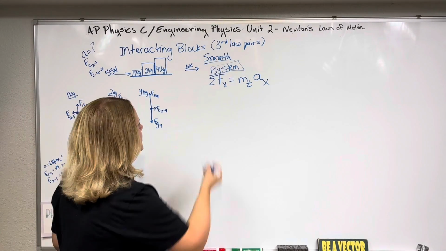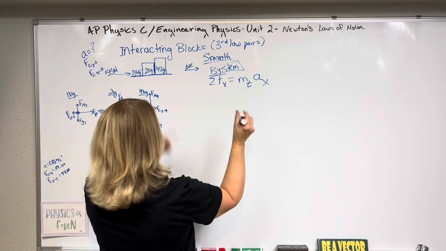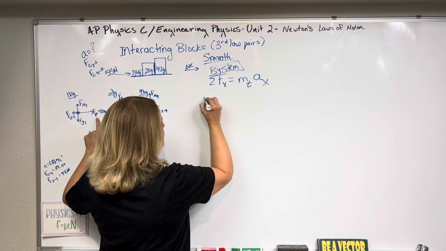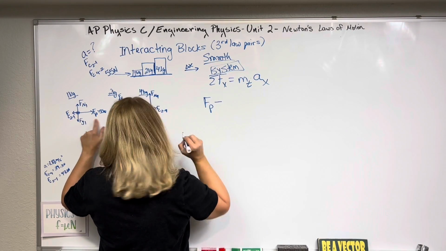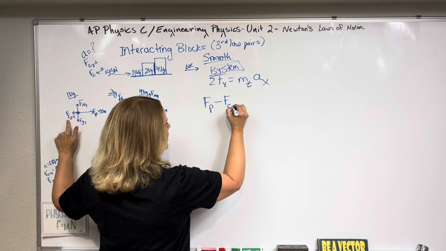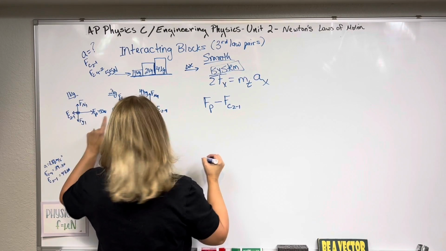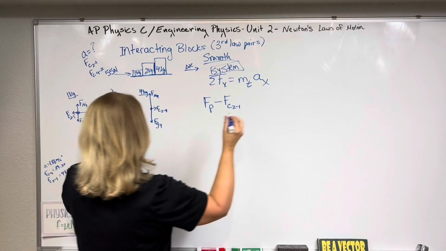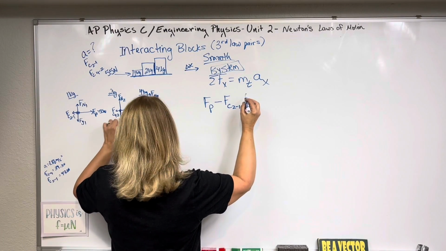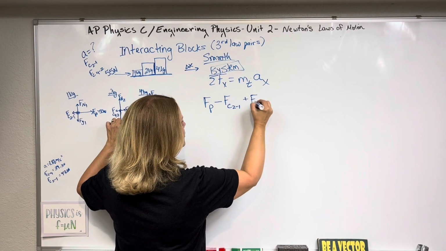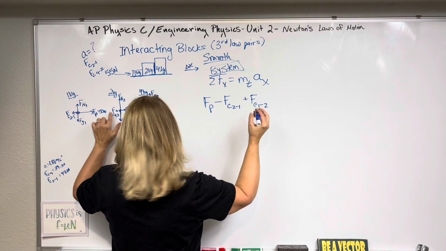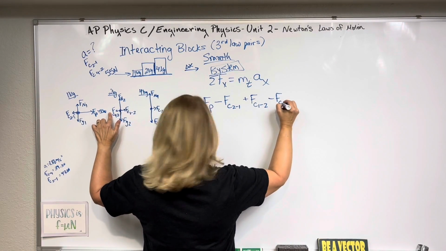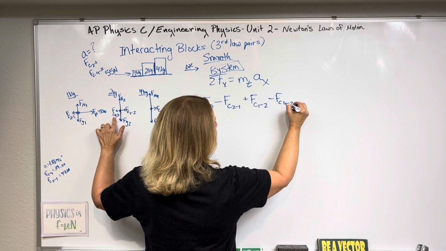So here we go. We're going to sum them up. We're going to do all of the forces in the x direction. All right, I have force of a push is to the east. That's positive. Minus this force of contact of 2 on 1. That's my only forces in the x on the 1. Now I'm going to go to the 2 kilogram. I have a positive force of contact of 1 on 2 minus a force of contact of the 4 block on the 2 block.